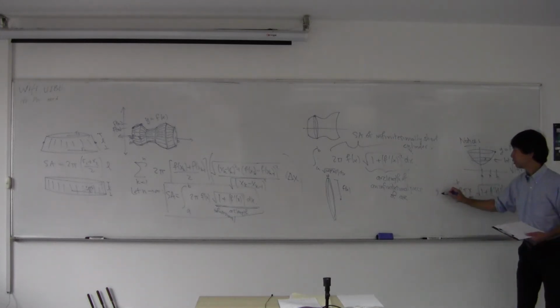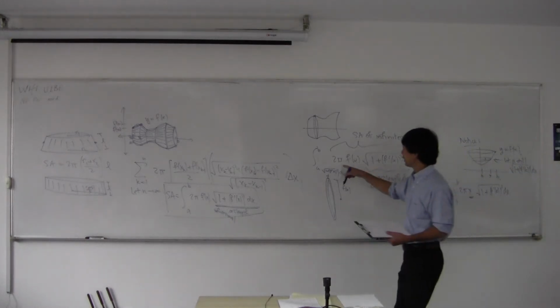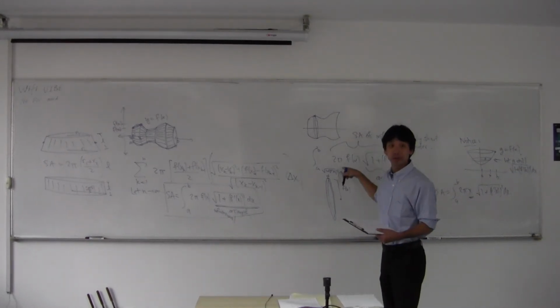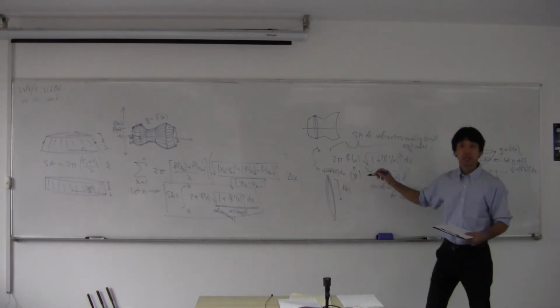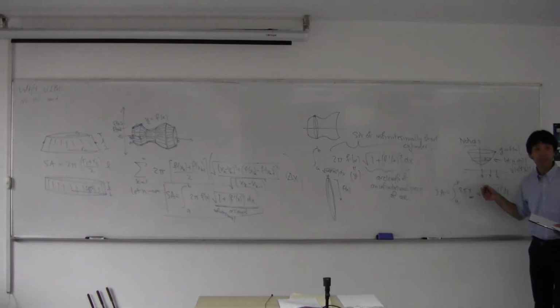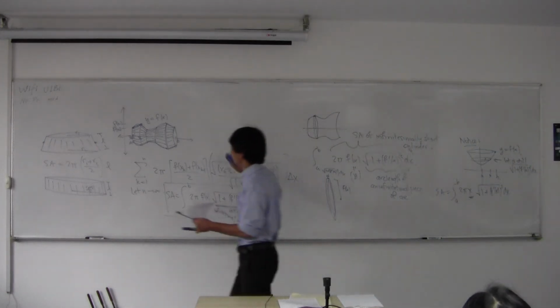So you get the surface area is this. Basically over here you have 2 pi y, and here you've got 2 pi x. Okay, let's do an example to make this concrete.